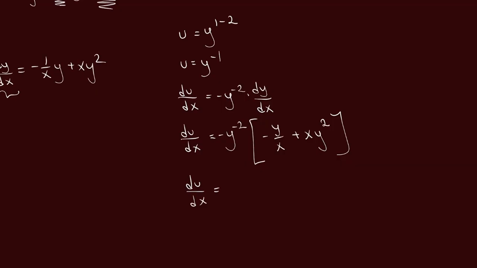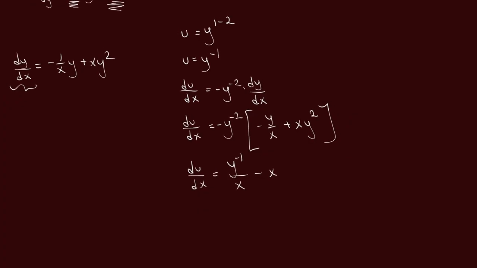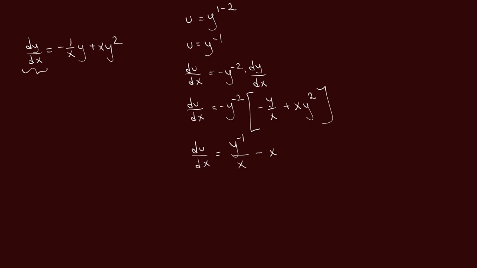So that should be the following. Because minus y to the power of minus 2 times y squared, minus 2 plus 2 is 0, so it's y to the power of 0, so that's just 1. So now we're left with this.